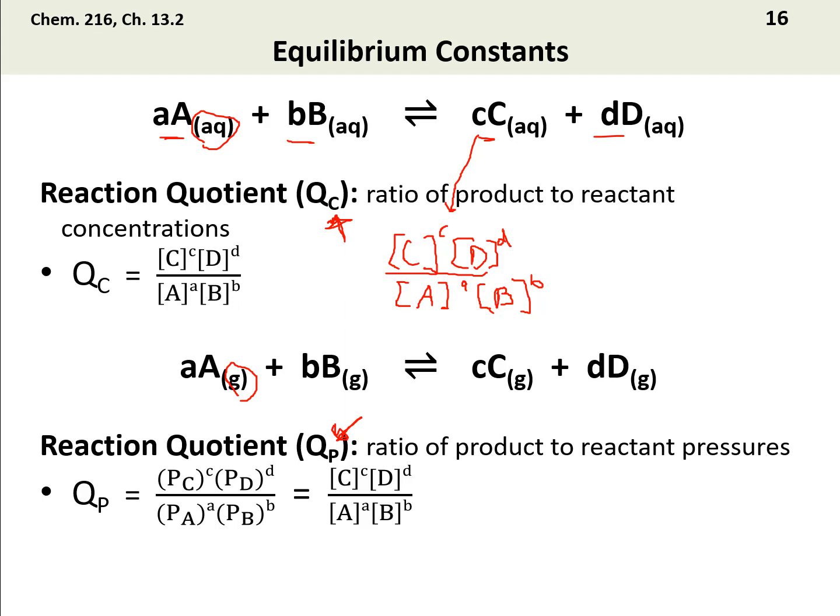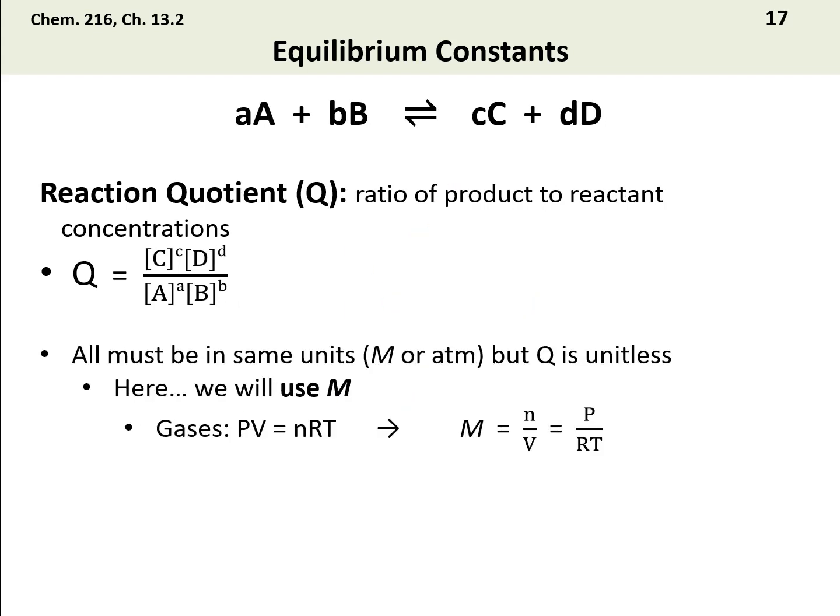Now in this class, we're really only going to talk about concentration, so you don't even have to worry about this. But just know that I can use pressures or I could use concentration. And we're just going to call it Q, we're not going to call it QC. Now one thing that's important is that all must be in the same unit: molarity if I'm talking about concentration, or atmospheres if I'm talking about pressures.